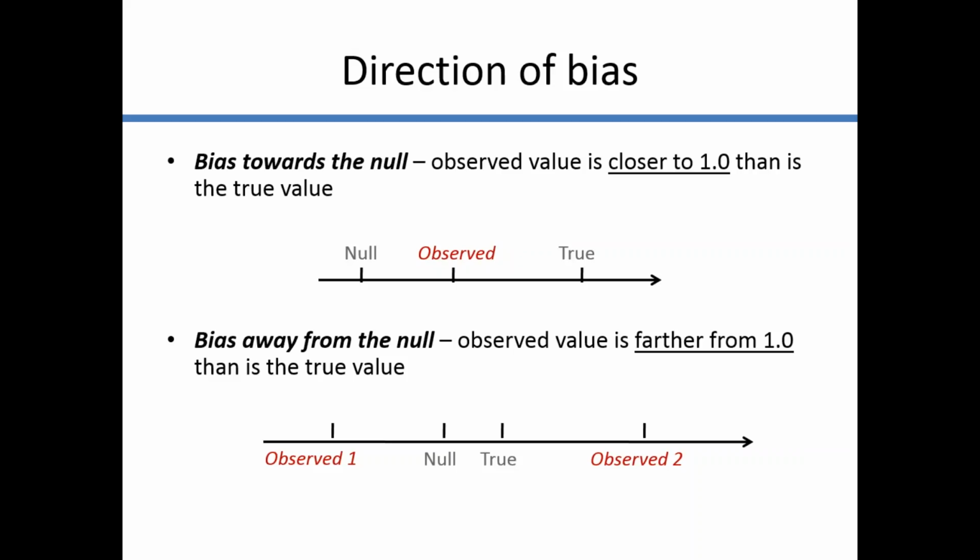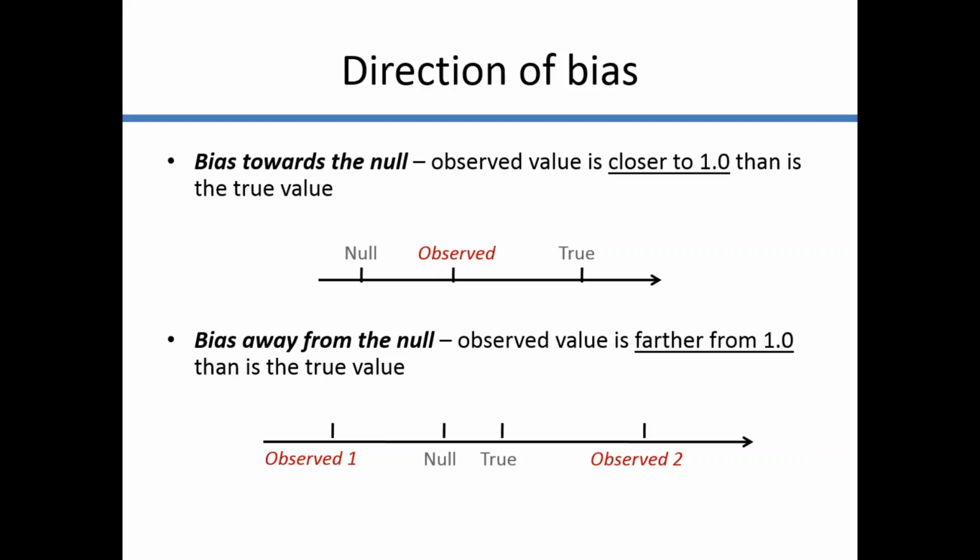Okay? Now this seems complicated, and it is, but once you realize it, it's not. If the truth is 1.2, if you did the whole population accurately, it was 1.2 relative risk, and you found 1.5, not only is it positive bias, but it's away from the null, because 1.5 is further away from the null than 1.2 is, which is the truth.